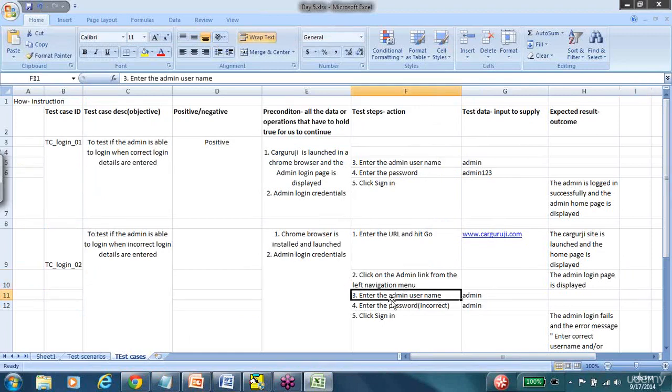When you're entering the admin username, probably nothing will change on the application. There's no discernible result that you're seeing there. So in those cases, you do have an option to not go there, but when applicable, make sure that you're writing the expected results stepwise.